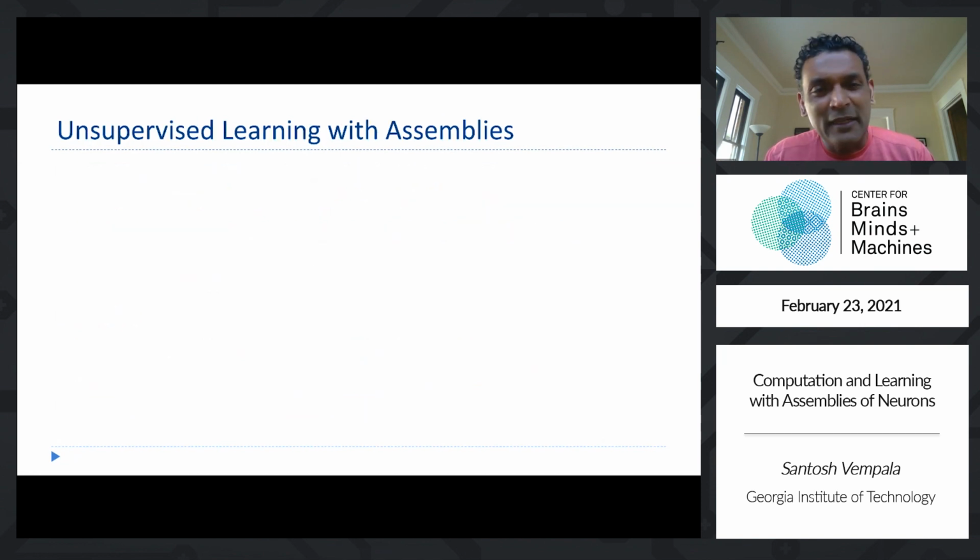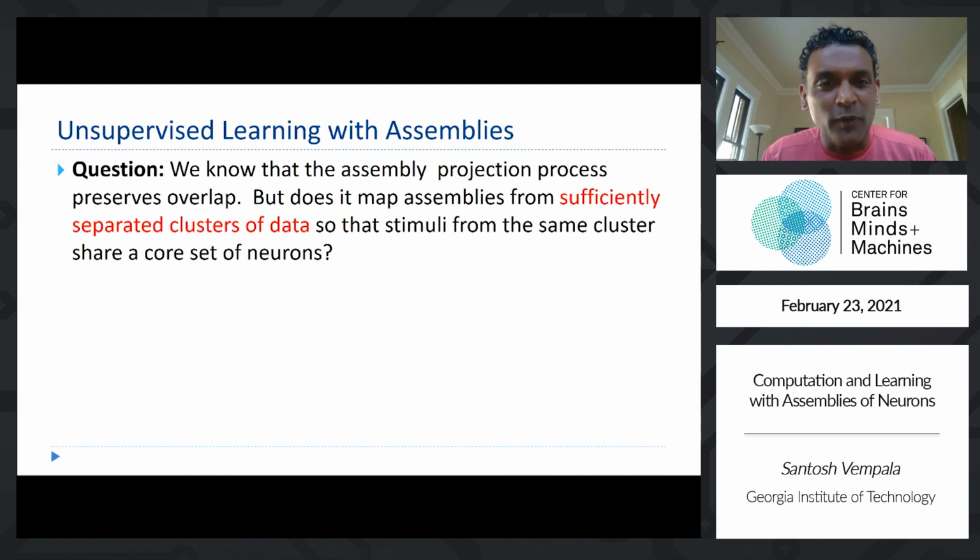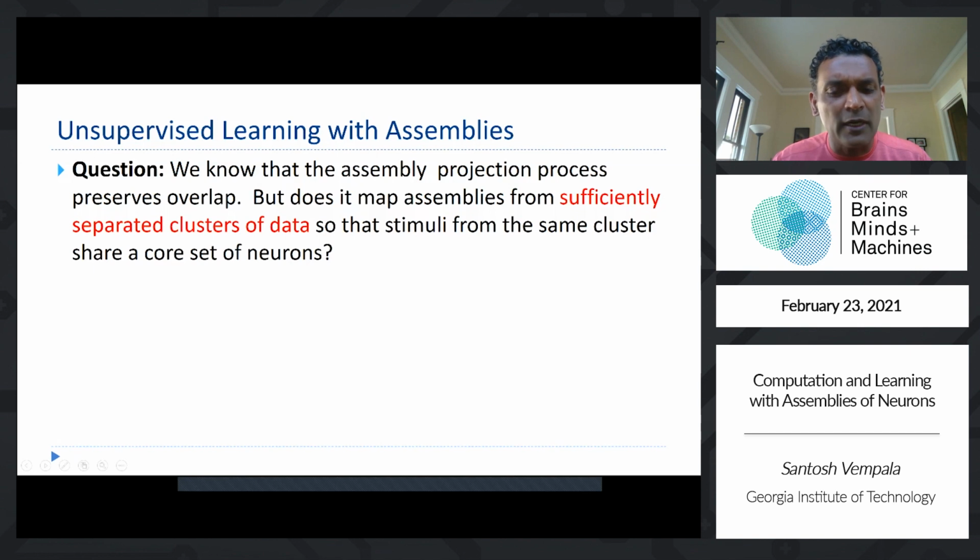Now, let me go to a different view, unsupervised learning. The brain seems to be at best mildly supervised, certainly not supervised in our traditional sense of here's the label, here's the example. And also, something that's talked about a lot, it's only relatively few examples, relatively little data.